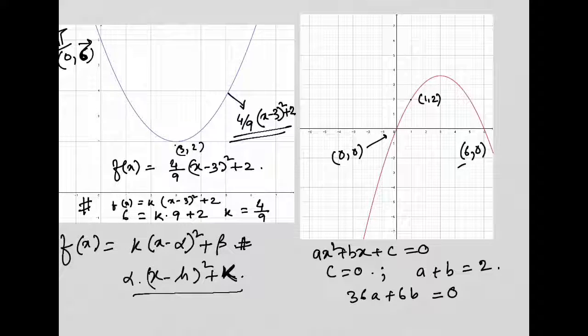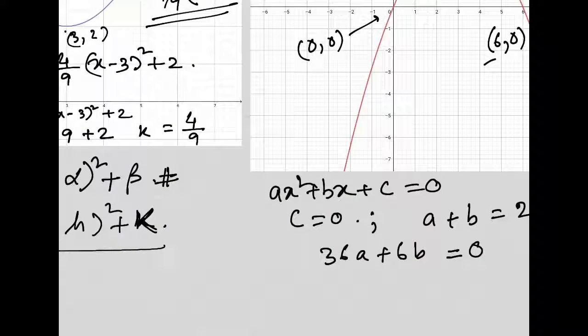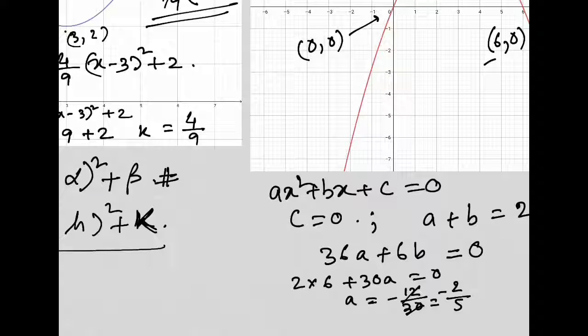So if I take 6a + 6b, into 2, so 2 into 6 plus 30a = 0. So a = -12/30, nullifying the factor 6, it is -2/5. So what I am having as expression is y = -2/5 x square plus b x.